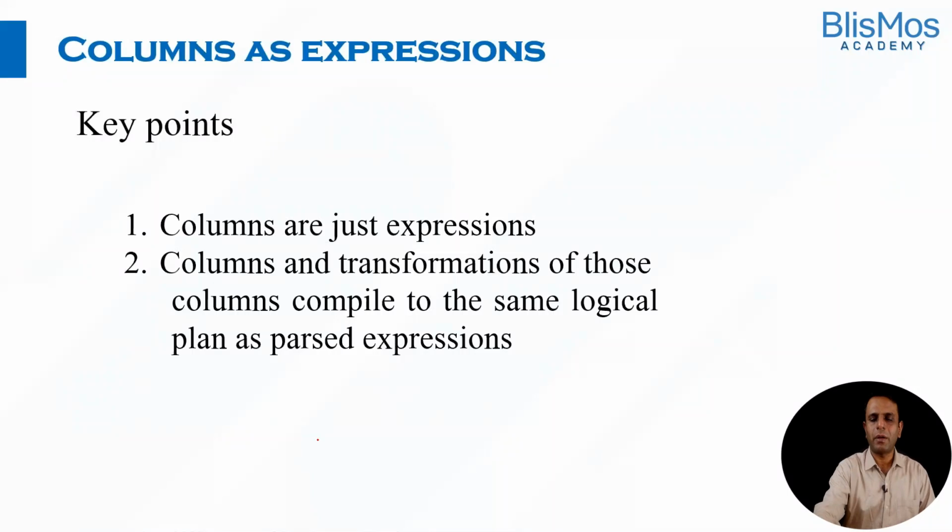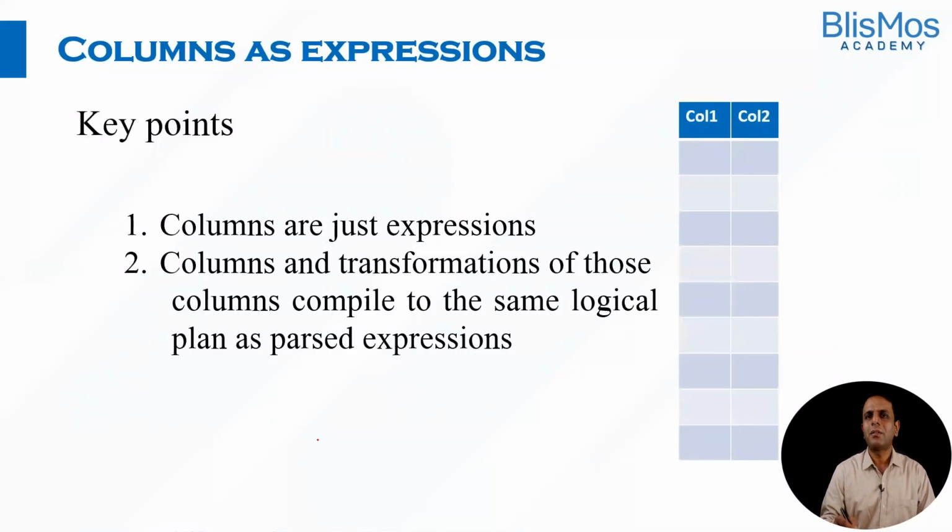Key points to remember is columns are just expressions. So columns and transformations of those columns compile to the same logical plan as parsed expressions. What it means is, let us say you are trying to refer to one particular column and create an expression out of it. Columns and also transformations of these columns, whichever we are referring to, compile to the same logical plan.